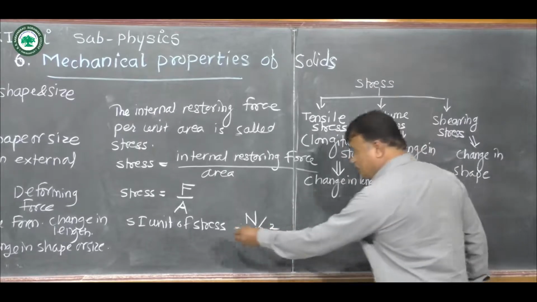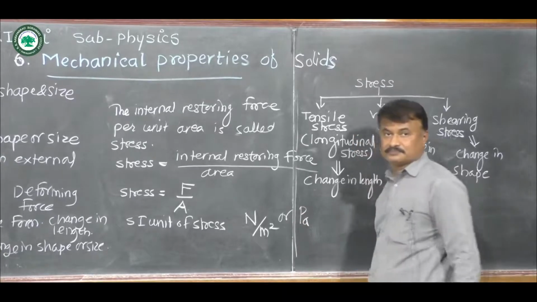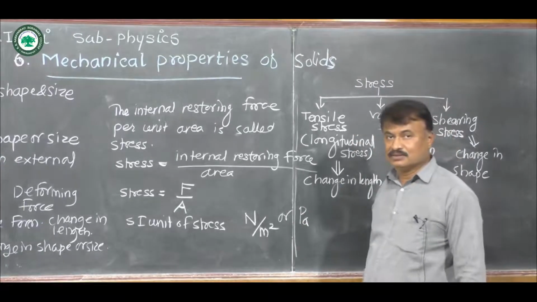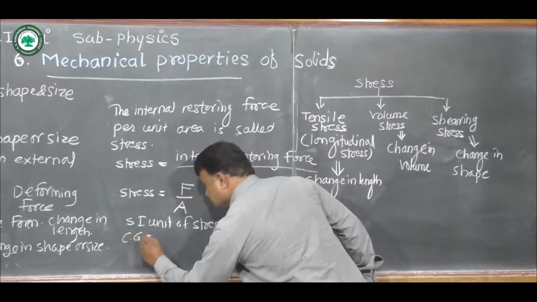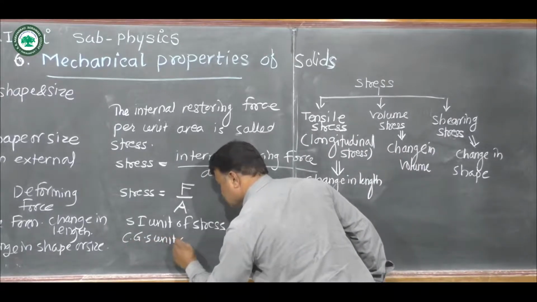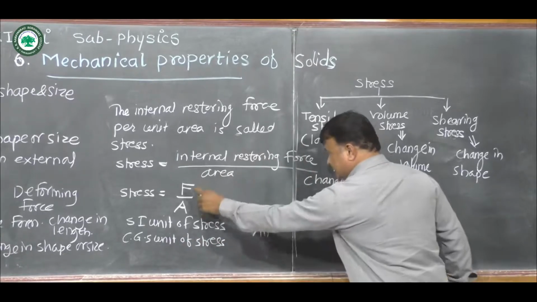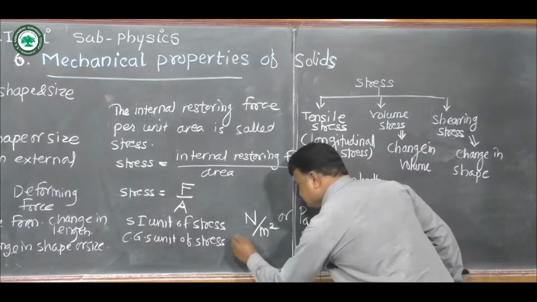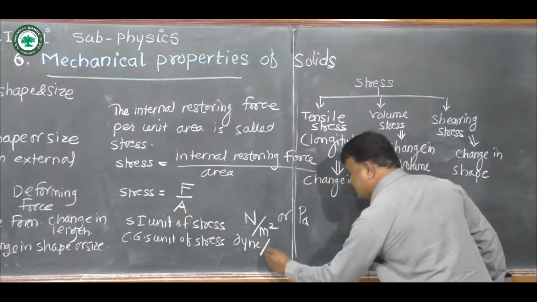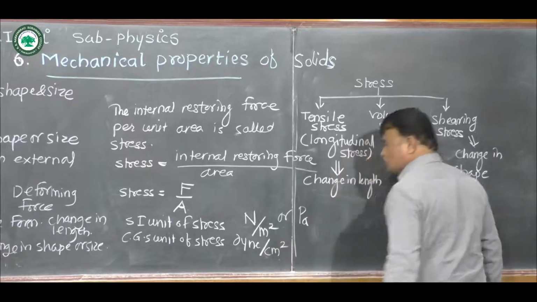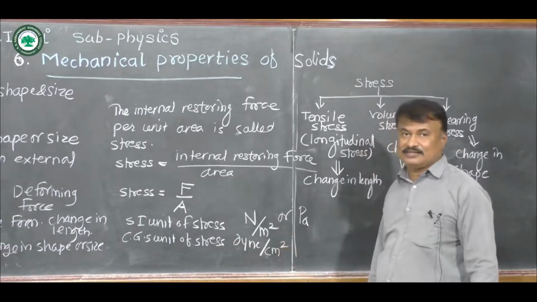Also, SI unit of stress is Pascal. Then CGS unit of stress: CGS unit of force is dyne and CGS unit of area is centimeter square. So CGS unit of stress is dyne per centimeter square.